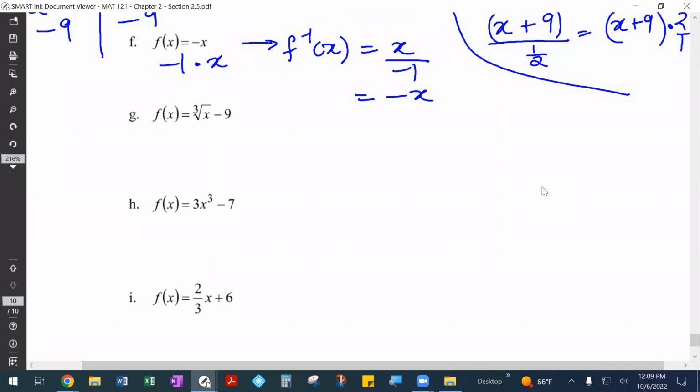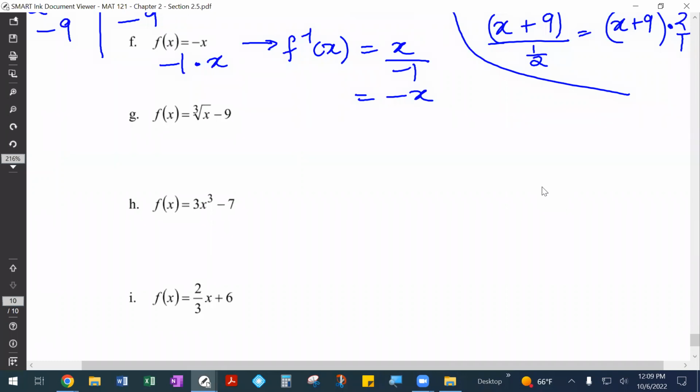Okay, so since this was originally 3 times X, it cannot stay 3 times in the inverse. The multiplication has to become division, so actually I can divide all of it, even the 7.